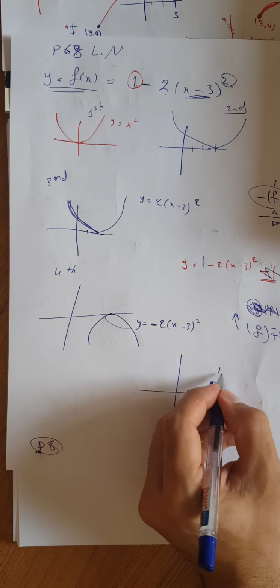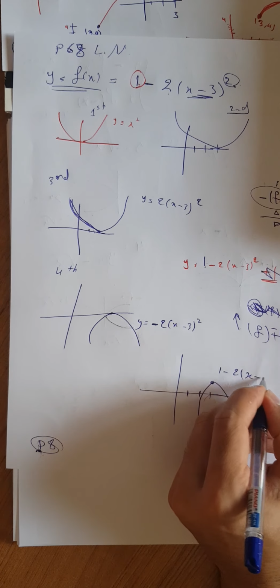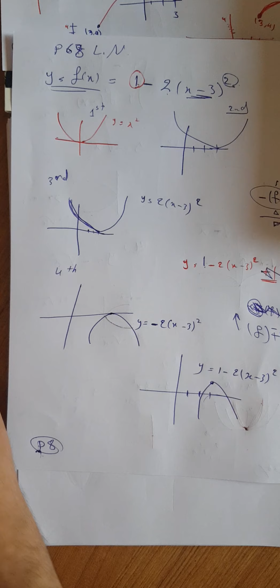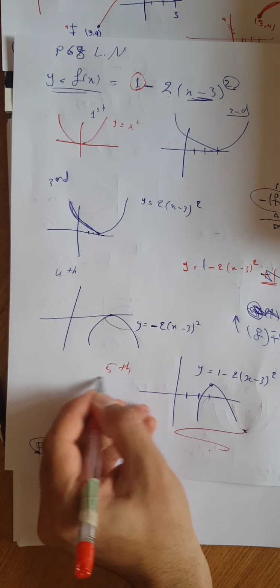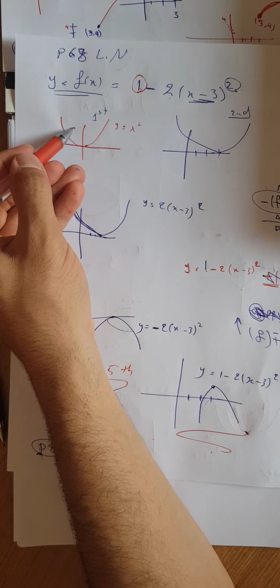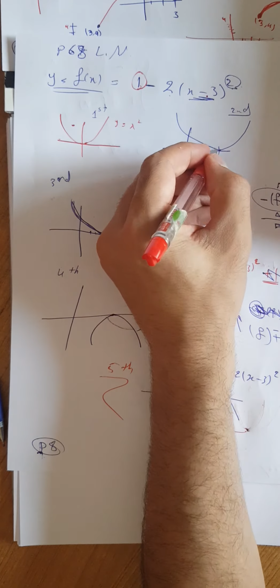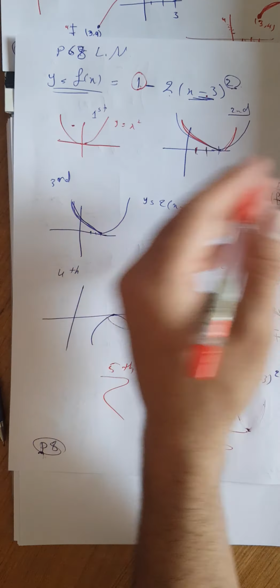Now I have the graph of 1 minus 2 times (x minus 3) squared. That's it. So we combine all together. In the fifth step we finished. First of all, you have the original x squared. Second, we have minus 3, so I'm going to move 3 to the right side.